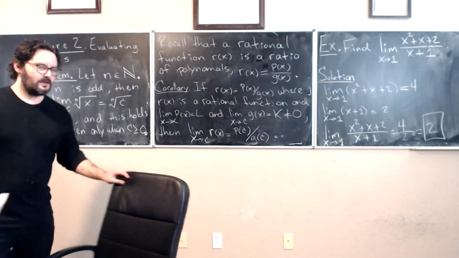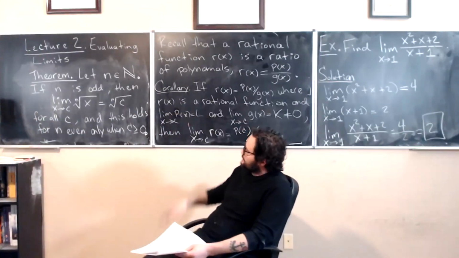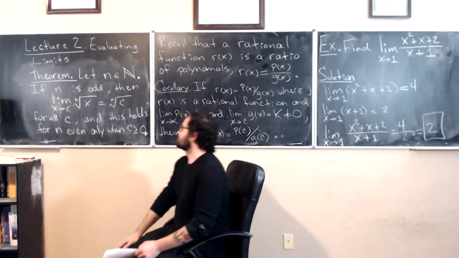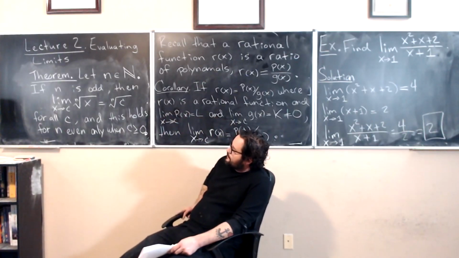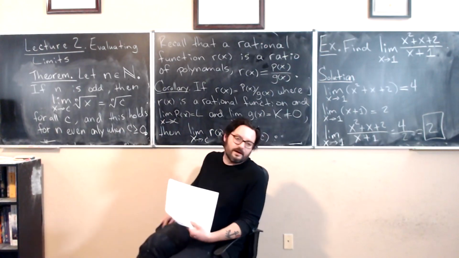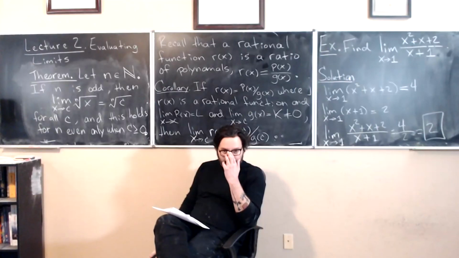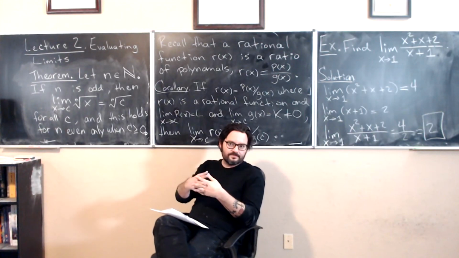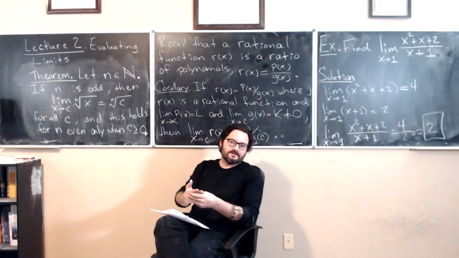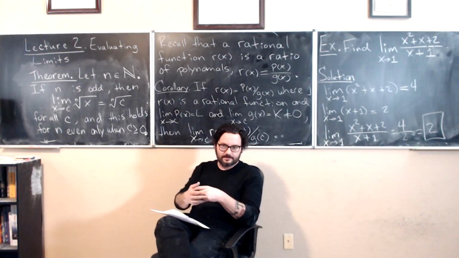Now, why the weird wording of this theorem? Recall that if you have a radical with an odd power, that odd power is going to convert the argument of it. If it's negative, it will become positive, and you won't have a problem with taking square roots of negative things.